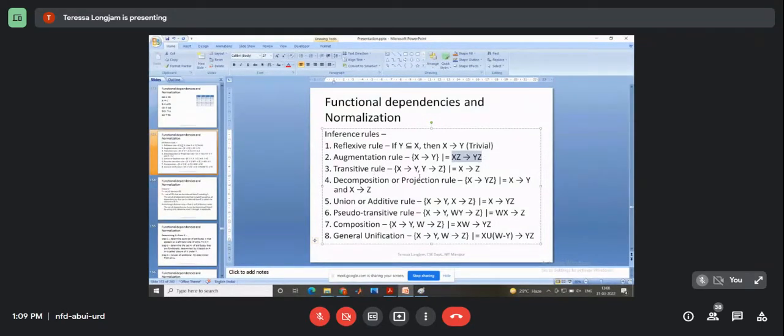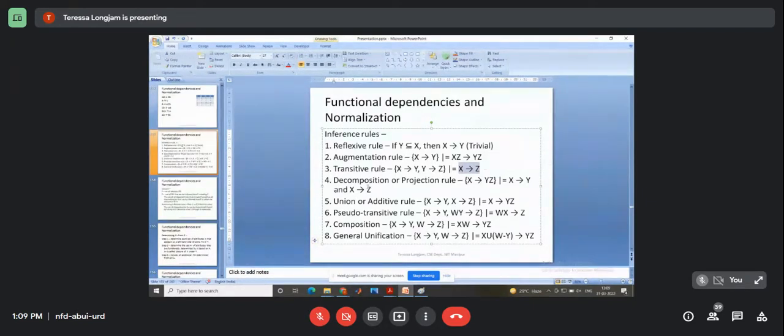And then we have the transitive rule. If X can determine Y, and Y can determine Z, that means X can determine Z. So if we have these two functional dependencies, then we can infer another functional dependency, X determines Z.